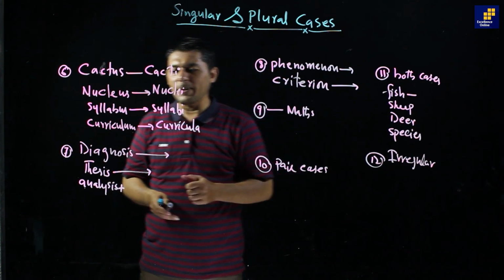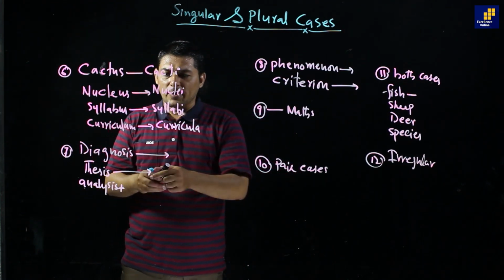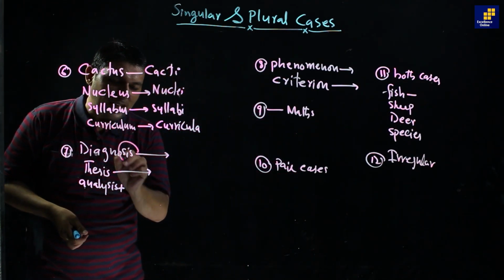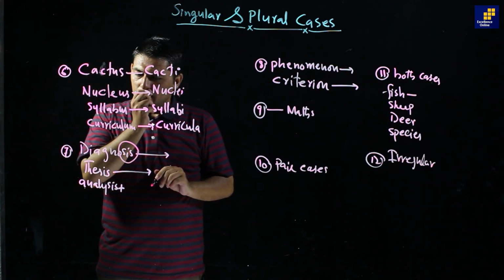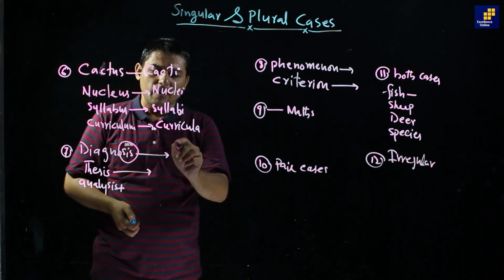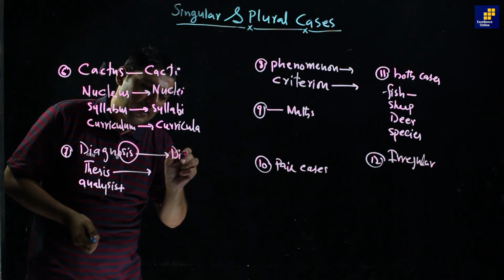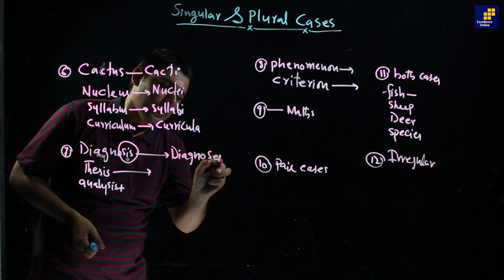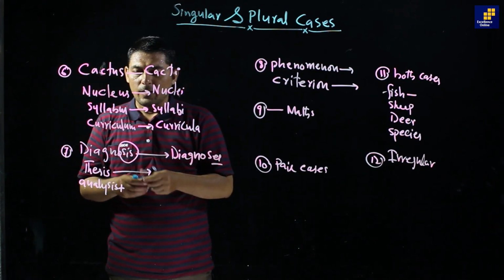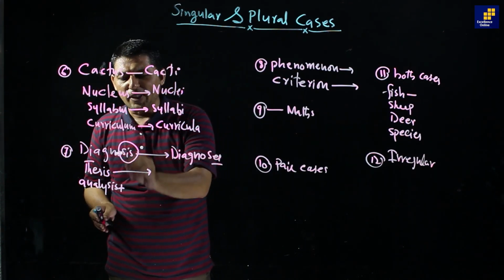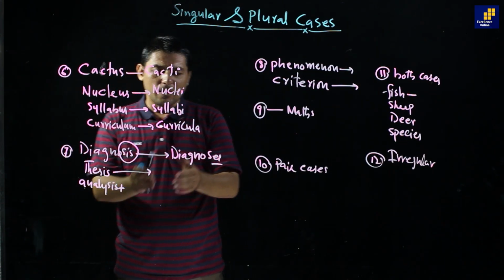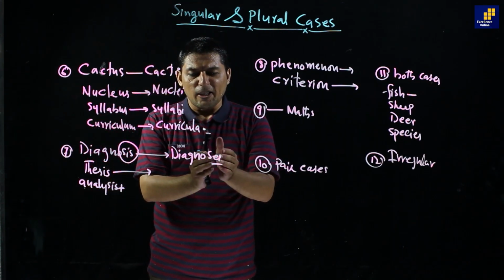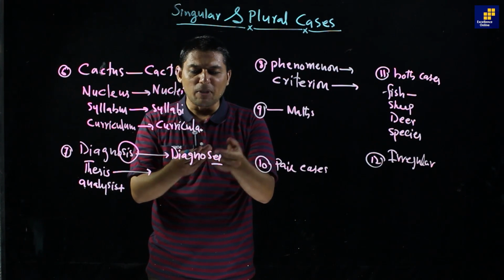Okay, number second example, diagnosis. At the end of the noun we have SIS. To make this singular case plural, we have diagnoses. Diagnosis has an S sound and a short I sound; diagnoses has a Z sound and a long I sound.